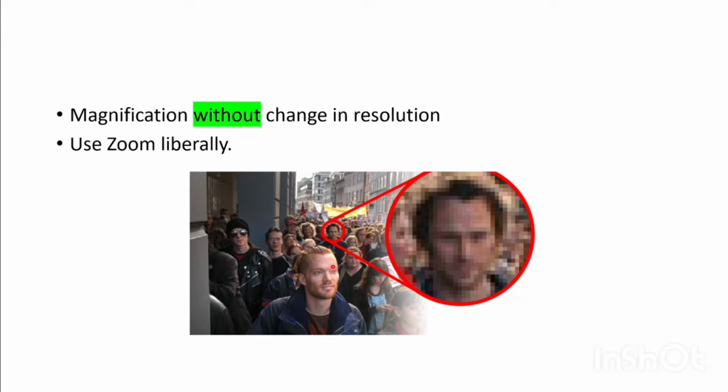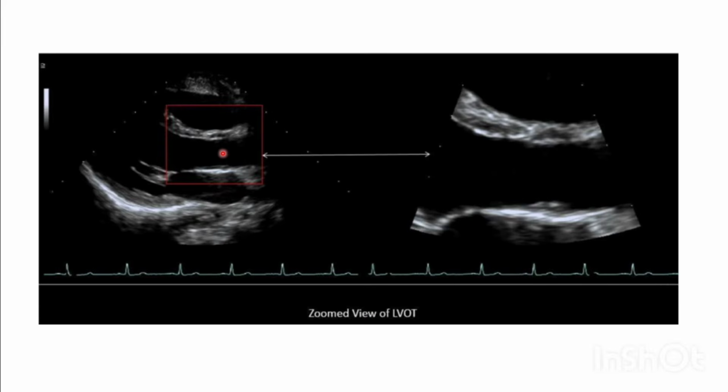But in echo, the advantage is the resolution is very good, and even if you magnify or zoom it, it will not affect the resolution. So even if you zoom it, you see it still more clearly, and therefore you can use zoom very liberally. If you want to see a valve regurgitation or something, you can zoom it. So this is how zoom works.